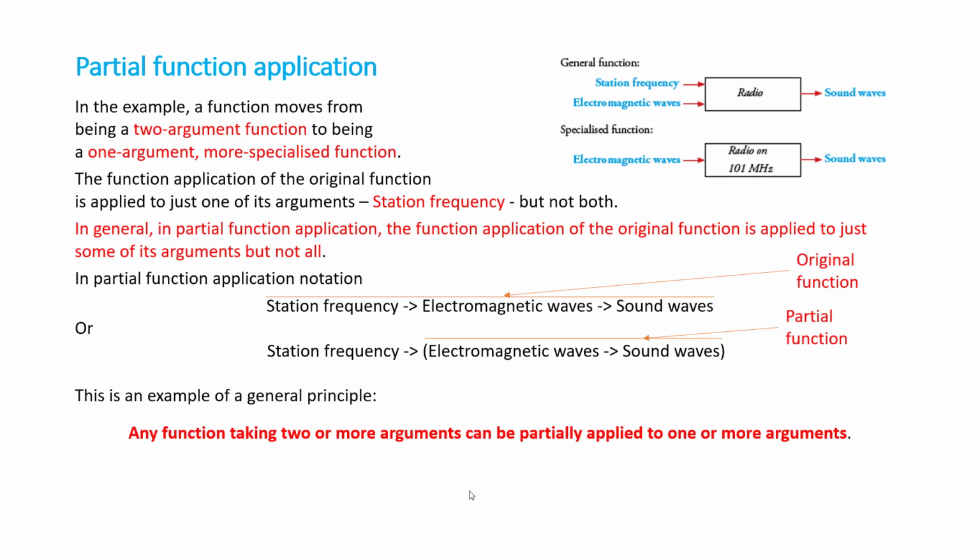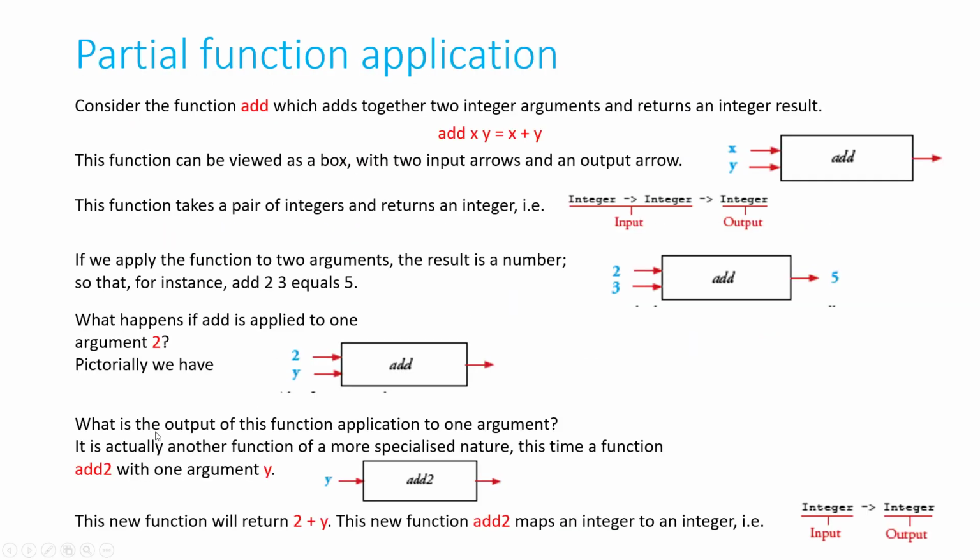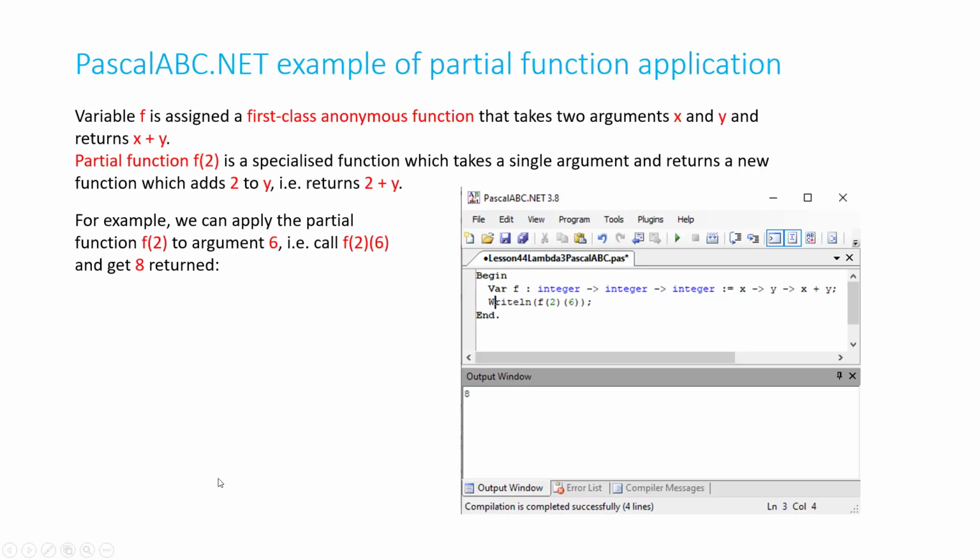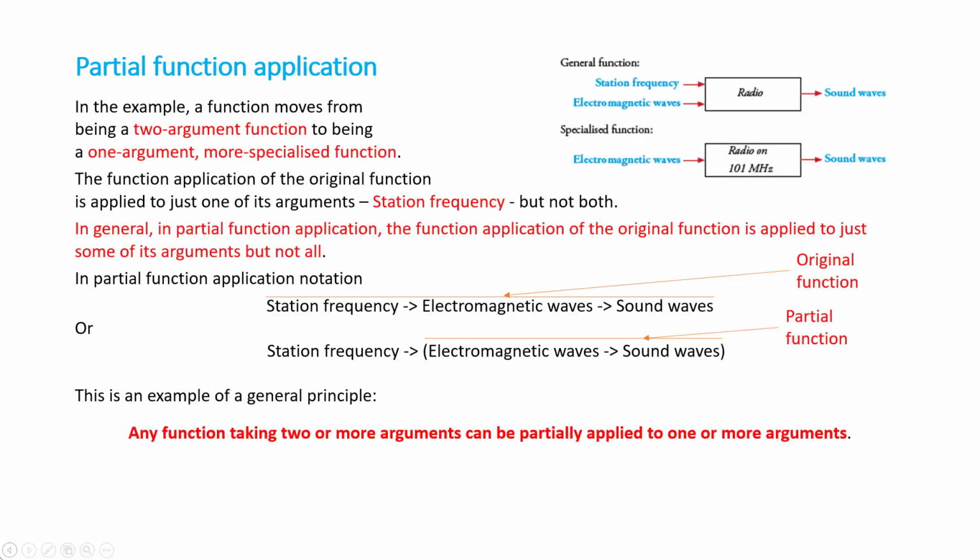So if we use partial function application notation, the original function can be described as station frequency, forward arrow, electromagnetic waves, forward arrow, sound waves. So this is the original function.